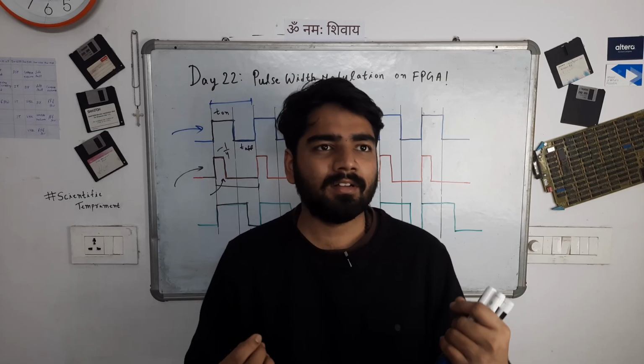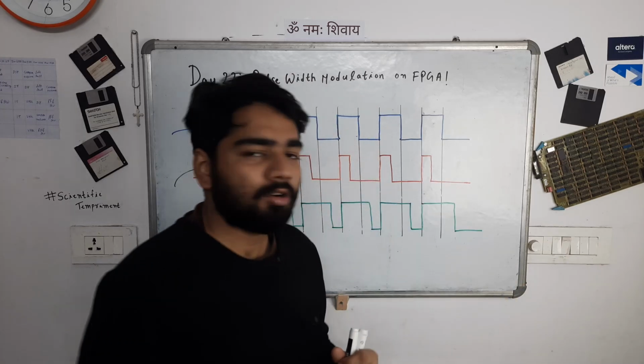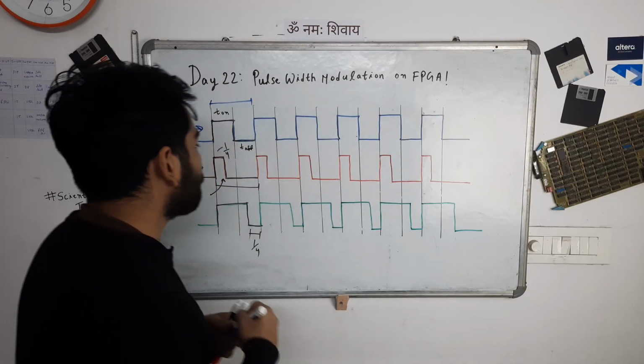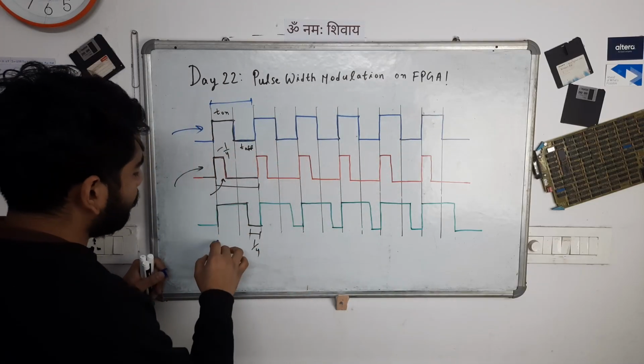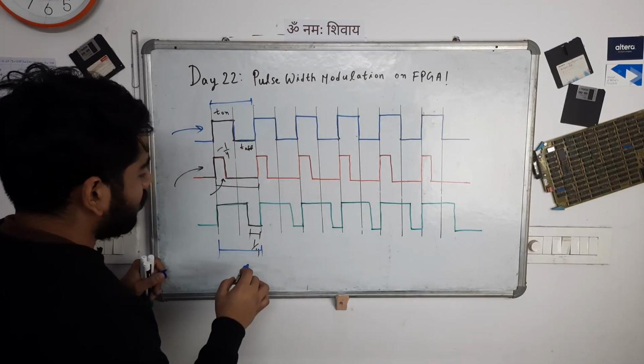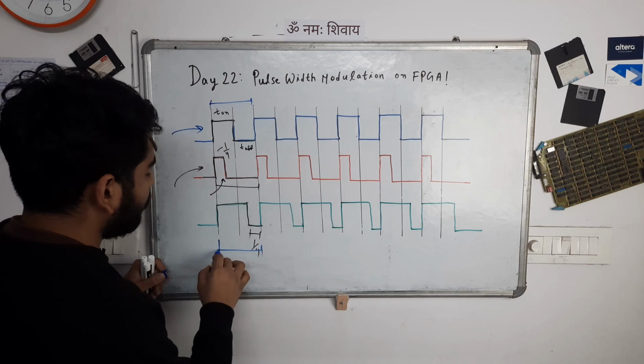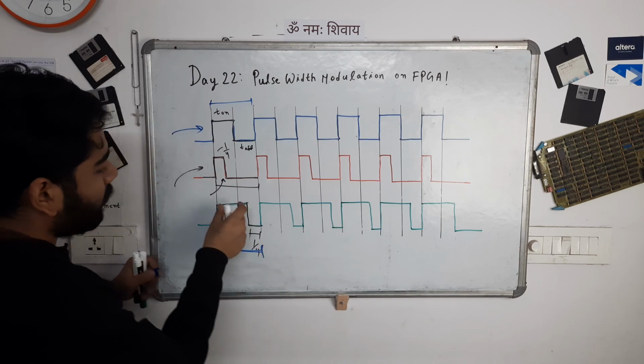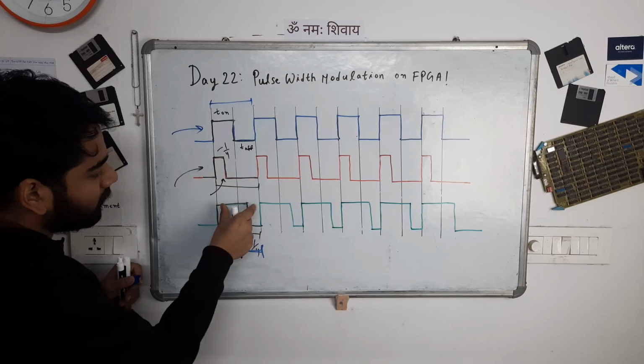Now I would like to discuss the application of this PWM on the LED. If you see the signal, the T on period is basically this duty cycle. In a PWM signal we can vary the amount of time the signal stays on.